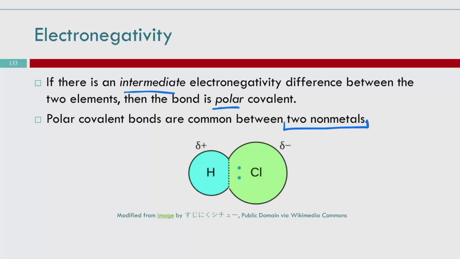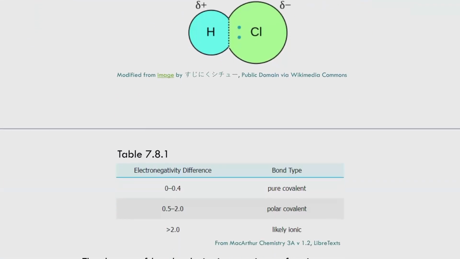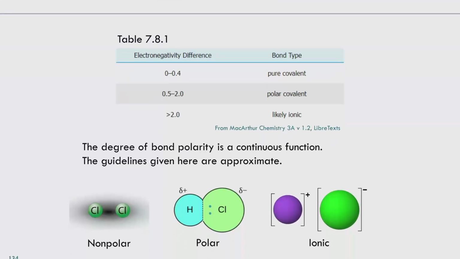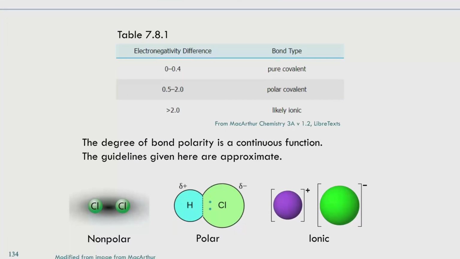And if these fuzzy definitions don't suit you, we also have a numbers version. Ultimately, the degree of polarity is continuous. So you've got pure covalent, where they're exactly, perfectly evenly matched, and then it ramps up in polarity until you get to the ionic side of things, and then it's basically the electrons transferred.